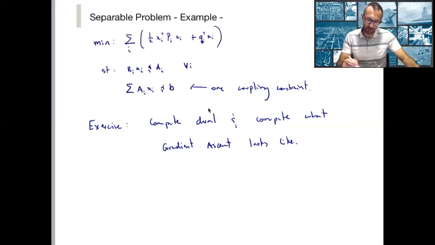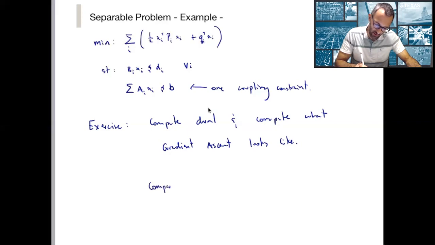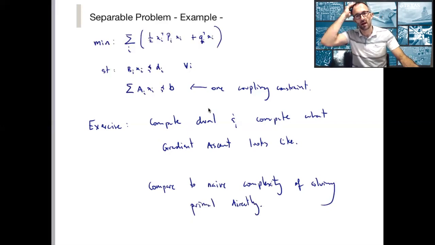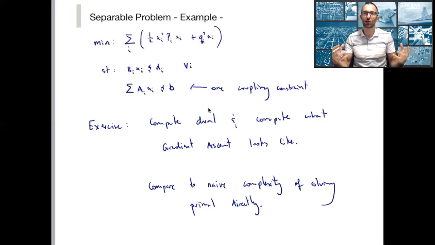So I'll maybe add to the exercise to compare to the naive complexity of solving the primal directly. Again, the reason why I say naive is that you can never make a problem easier. We're just looking at our suite of algorithms and talking about which ones are more effective in which regime.